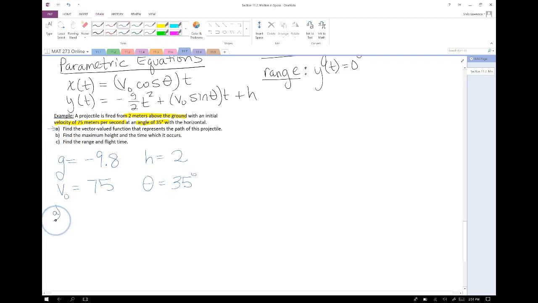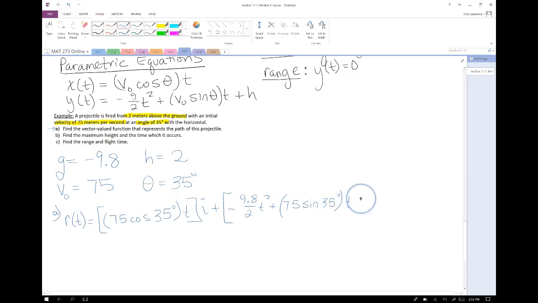So for part A, we're going to use the projectile motion formula that says r of t is equal to v sub 0 cosine theta t for the i component, and then negative g over 2 t squared plus v sub 0 sine theta t plus h for our j component.